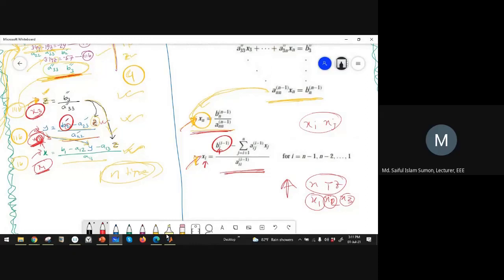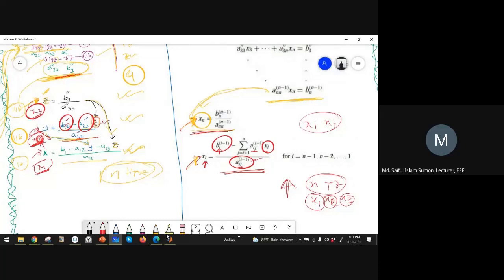So here you can see some aij will be there, and there will be xj, which will actually be the variable. And it will be divided by a22. You can see x2, here is also 22. xi, here is ii. And also the number of manipulations can be obtained in the same way.